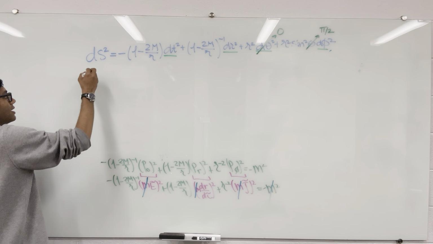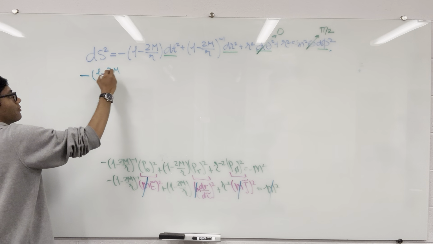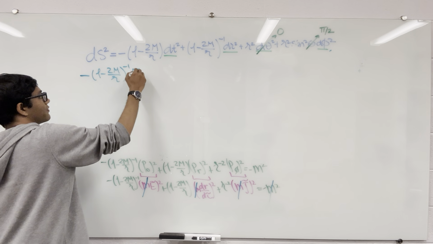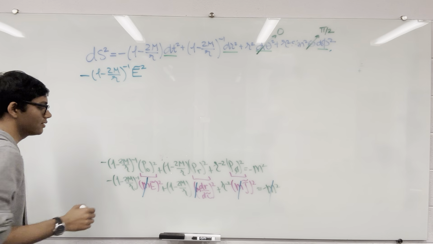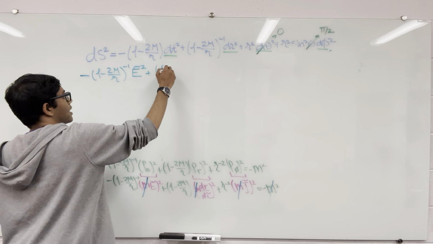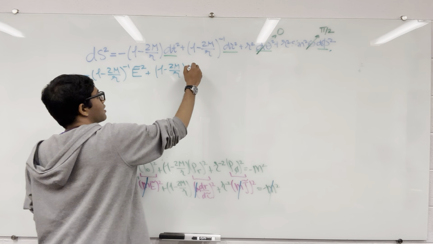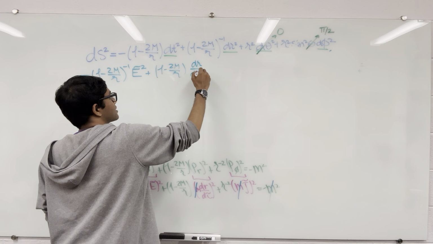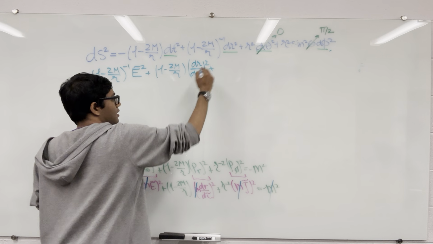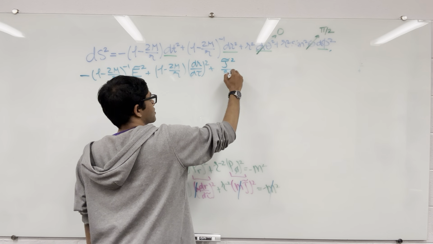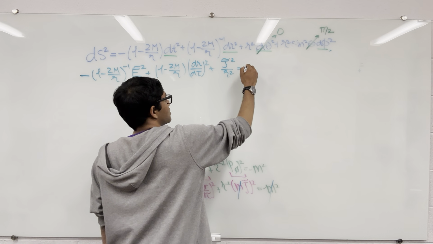I have minus 1 minus 2m over r to the negative 1 times the effective energy E tilde squared plus 1 minus 2m over r times dr d tau squared. That's like a kinetic energy term. And finally, j tilde squared over r squared. And this is all equal to minus 1.